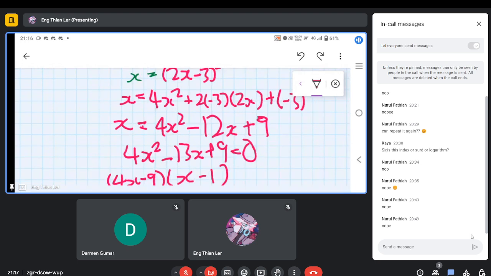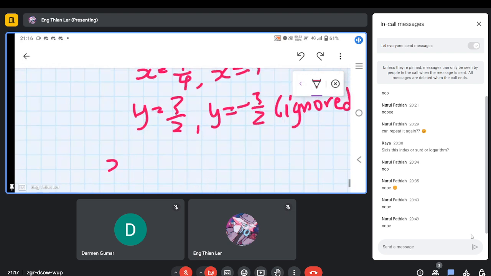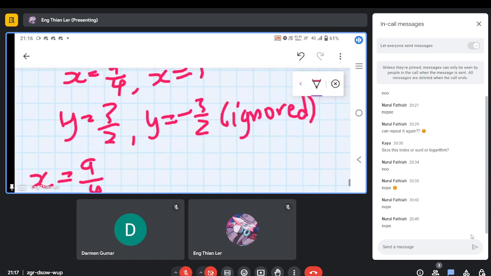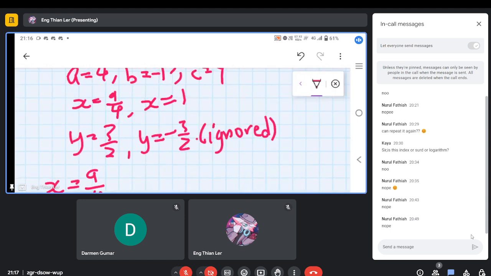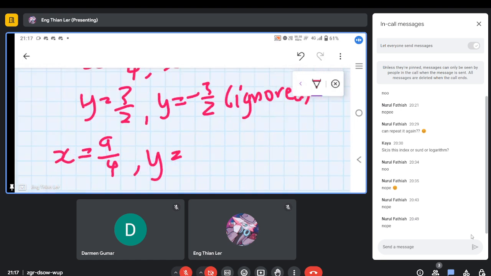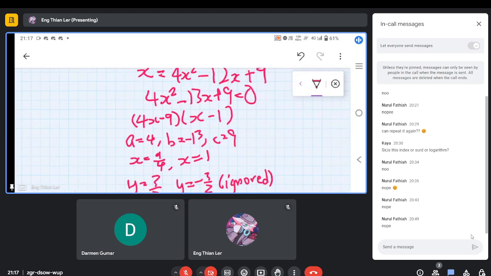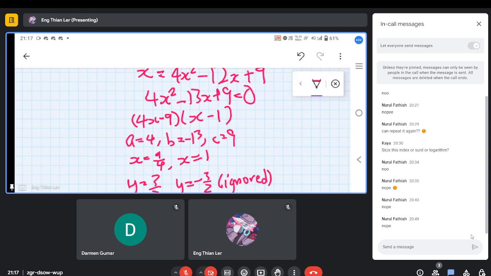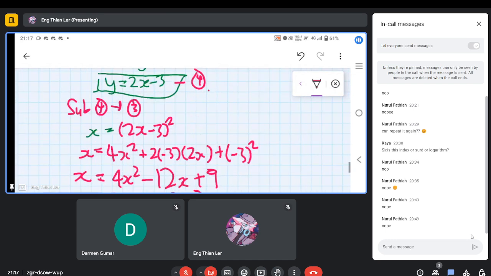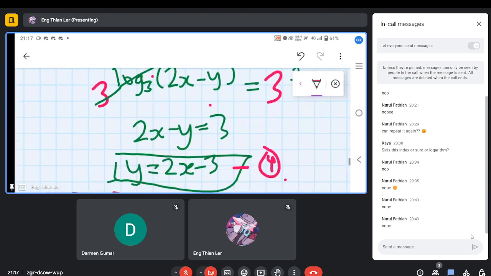I still don't understand why the answer negates x equal to 1, but I'm going to write that. So this is ignored, this is also ignored. So x equal to 9 over 4, y equal to 3 over 2. Maybe because x equals y squared, when x equal to 1, y will also equal 1. So when both sides are 1, clearly it doesn't satisfy the equation.